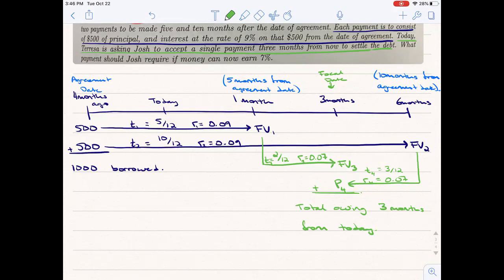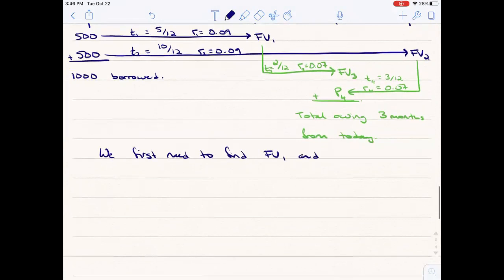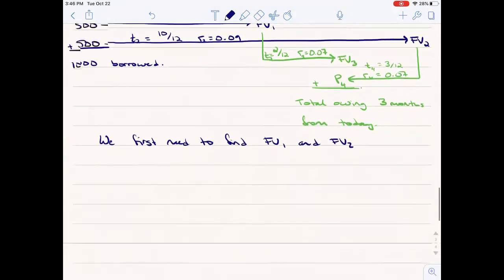All right. So we first need to find future value 1 and future value 2.